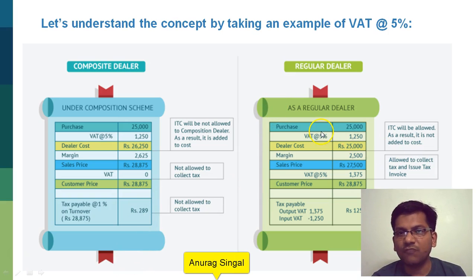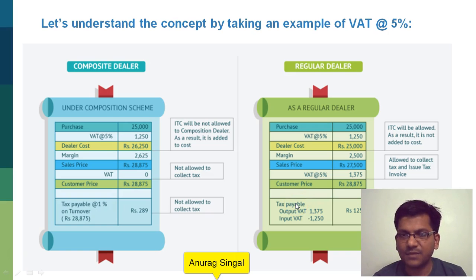Now as a regular dealer, what would have happened? He would have purchased the same item at 25,000. Paid VAT of 5%, that's 1,250, would have taken complete input tax credit, so it's not his cost, so his cost would have been 25,000 and not 26,250. He keeps a margin of 10% on that, is able to sell at 27,500 and then adds 5% VAT on it, so his selling price also becomes 28,875.